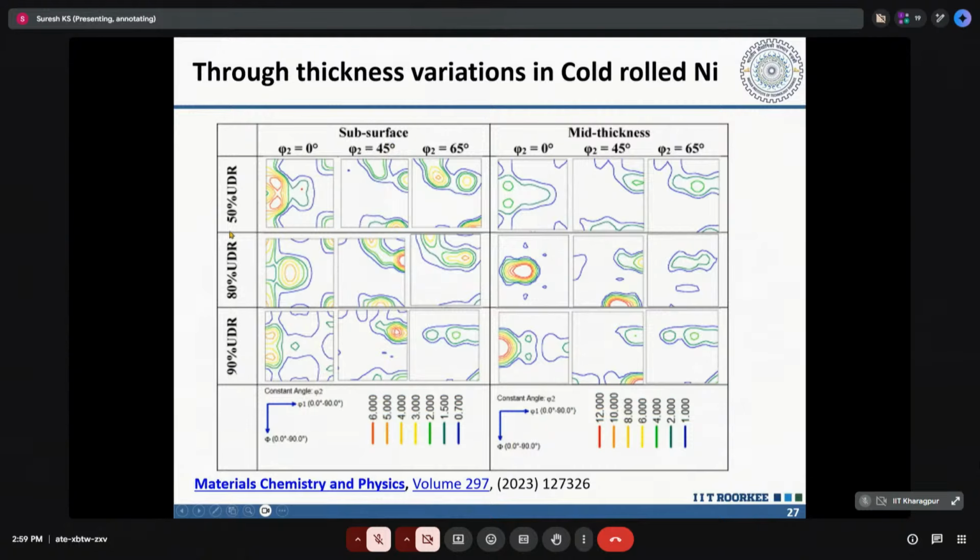Again, these are all for 50%, 80% and 90% cold rolled samples. Now this is for a cold rolled nickel sample. In this particular case, you will notice that from the subsurface region to the mid thickness region, the texture is drastically different.